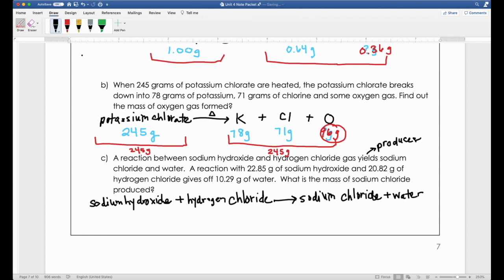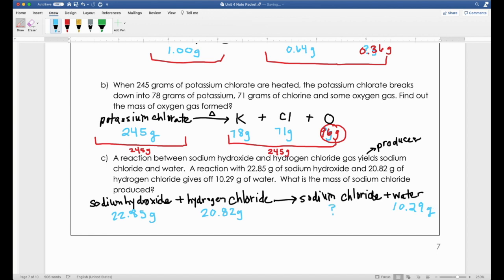Let's write our numbers in next. So a reaction with 22.85 grams of sodium hydroxide and 20.82 grams of hydrogen chloride gives off 10.29 grams of water.